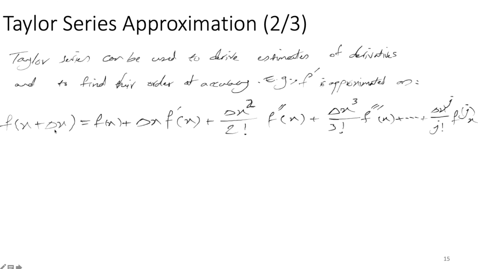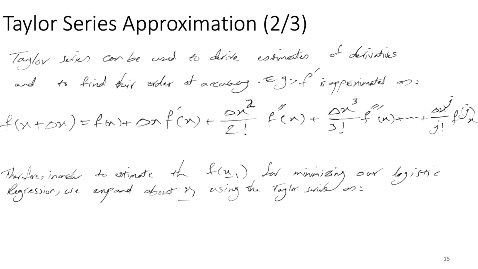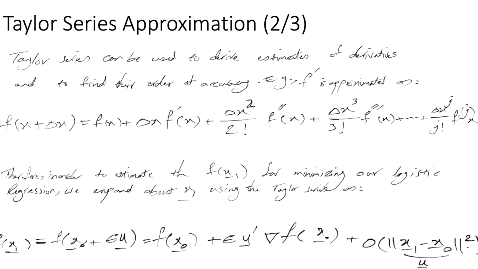So if we expand it to our problem, we were interested in estimating f(x1) for our minimization of the logistic regression. Expanding that on x1 using the Taylor series gives us f(x1), which could be starting from x0 plus Δx.